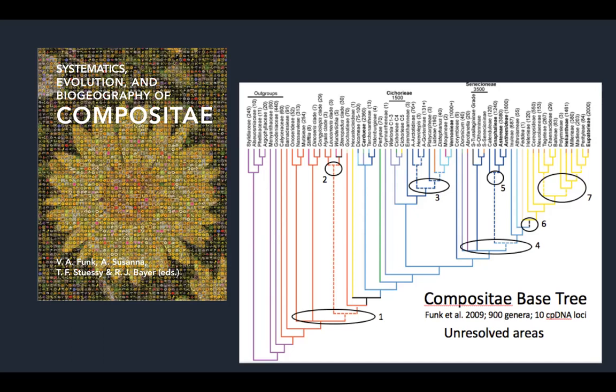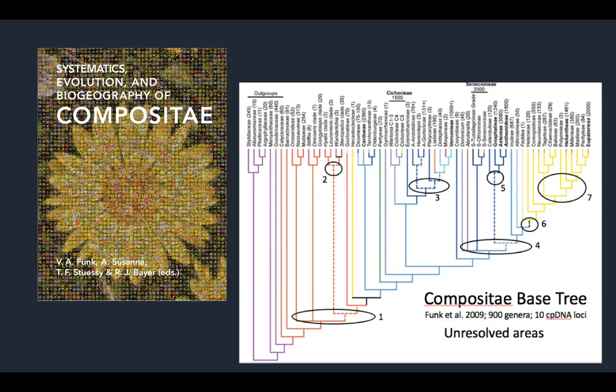But there were many unresolved areas of this phylogeny, and it was based on 10 plastid or chloroplast DNA loci. And here circled, and in the dashes, are the areas where there was really a lack of resolution, a lack of understanding of what these relationships were, even on the base tree.